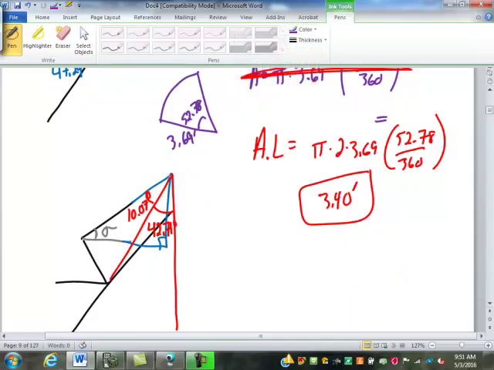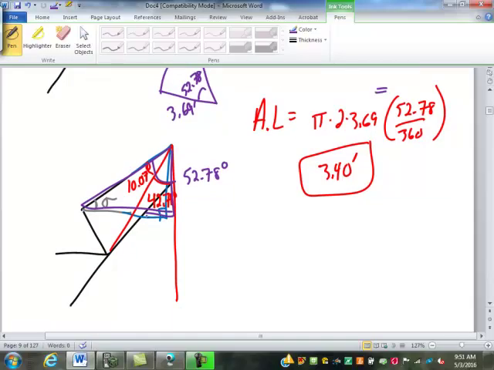So if I'm looking now at this as a complete triangle, this whole angle is 52.78 degrees. I'm combining those two angles. Which means sigma down here is 90 minus 52.78, or 37.22 degrees.